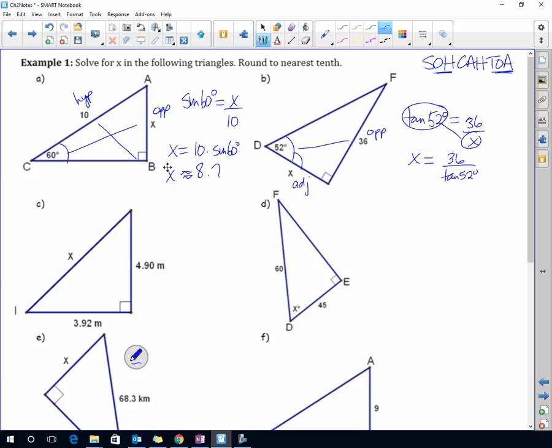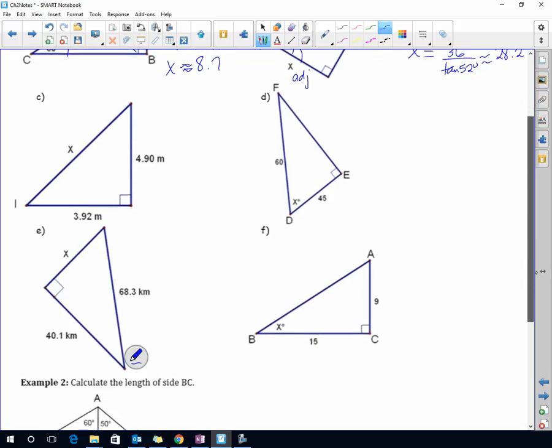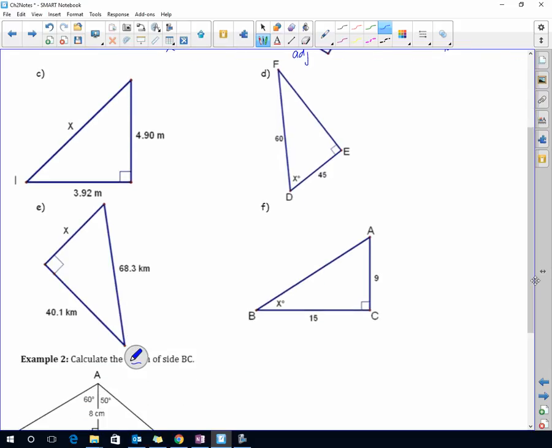All right, so now this one, we don't know anything about angles. We're not even trying to solve an angle. So what do you think we have to use? That is correct. Pythagorean Theorem. This is my C. I don't care which way I label A or B. So I usually label the A the shorter of the two sides. It doesn't really matter. So 3.92 squared plus 4.90 squared equals C squared.